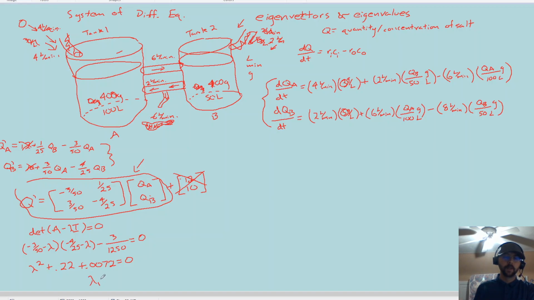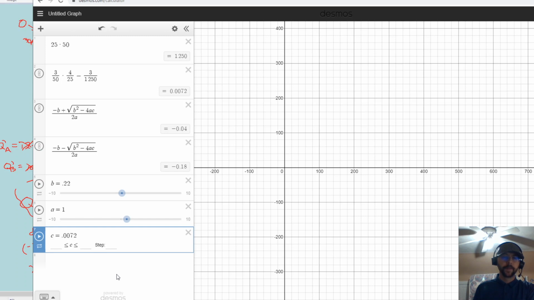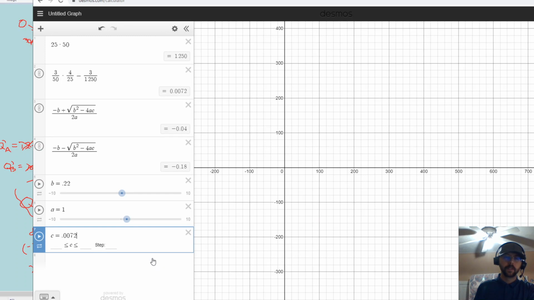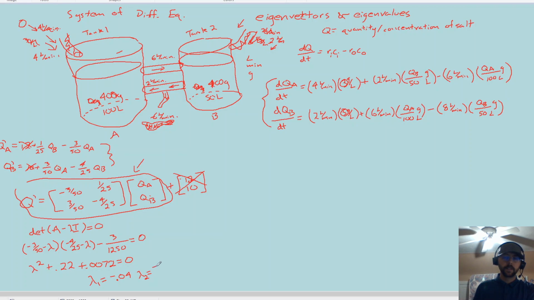So lambda 1 equals negative 0.04, and lambda 2 equals negative 0.18, and these are the eigenvalues. So that's step 1.